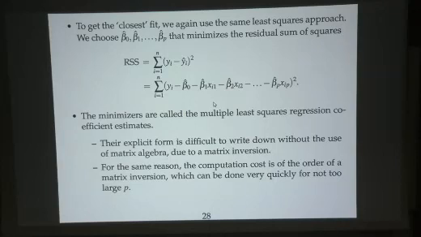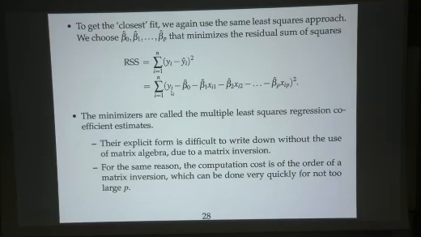So how do we estimate the coefficients beta naught hat up to beta hat p? We try to minimize the residual sum of squares. We write yi hat as beta naught hat plus beta 1 hat xi1 and so on, take the squared difference with yi, and add them up.